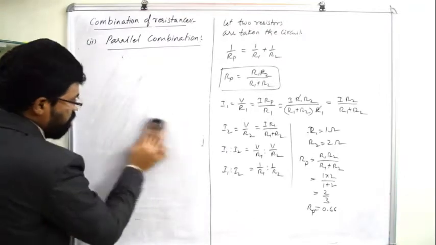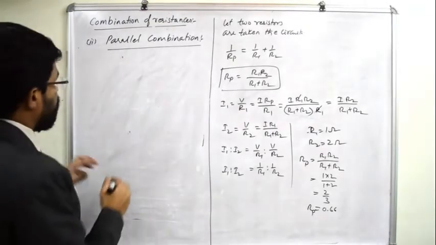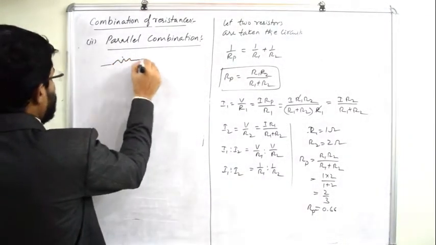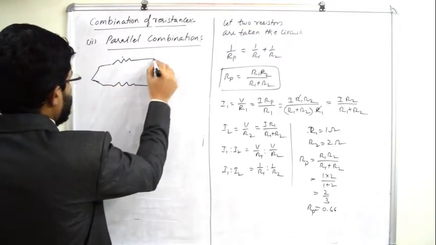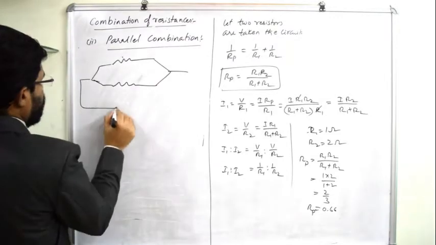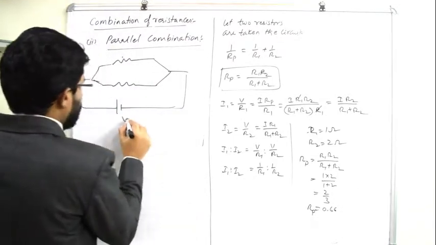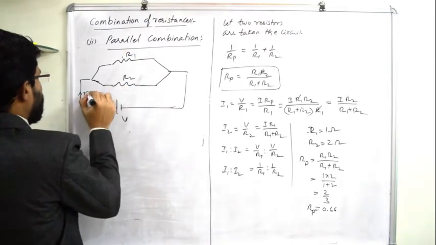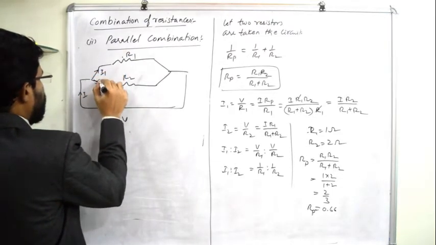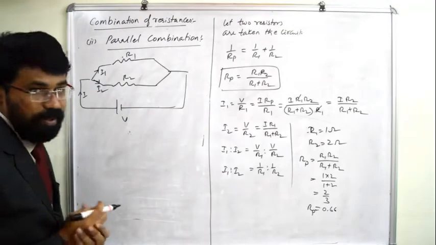I will assume that in the circuit two resistors are taken like this. A battery V is connected, R1, R2, I1, I2. Okay.